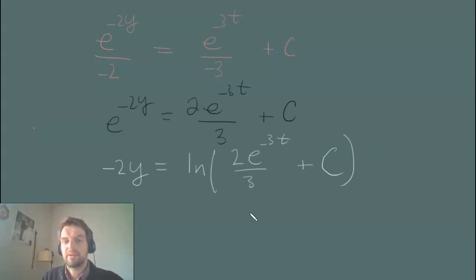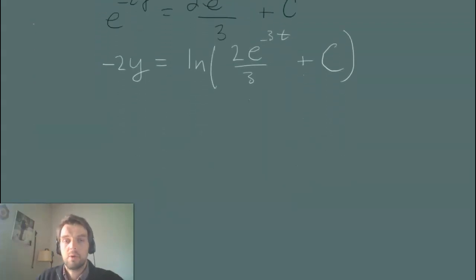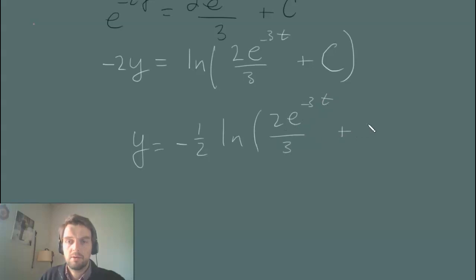I can't really simplify that in there because there's that addition, so just leave it as it is. And then lastly, we can say y then is equal to negative 1/2 natural log of this whole mess. And there you have it.